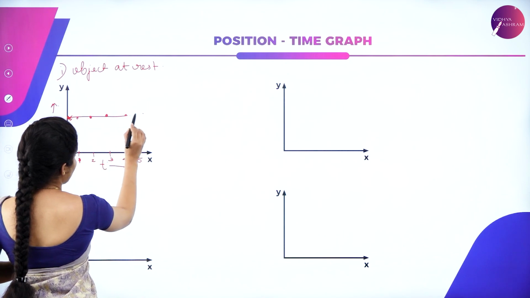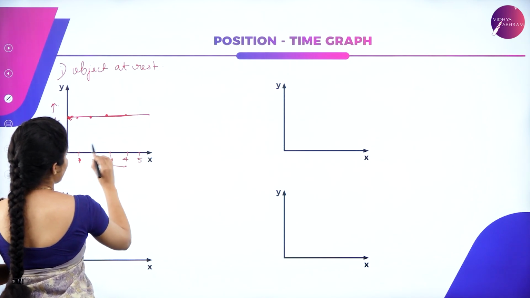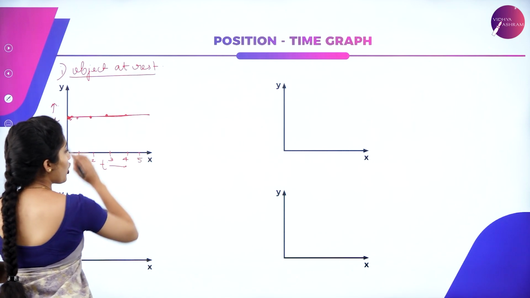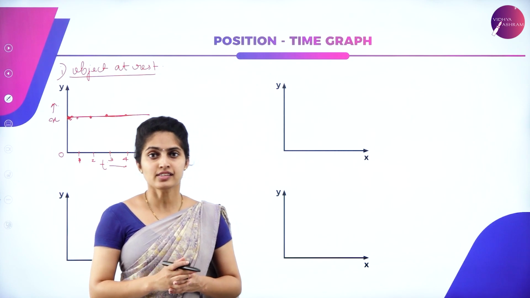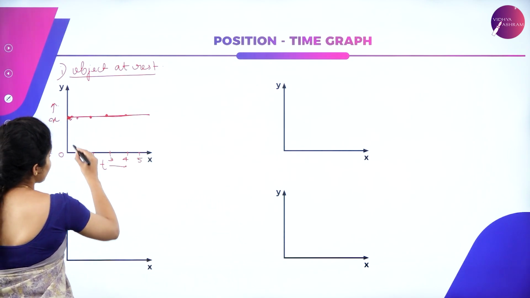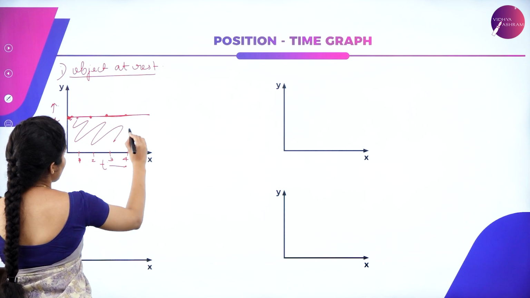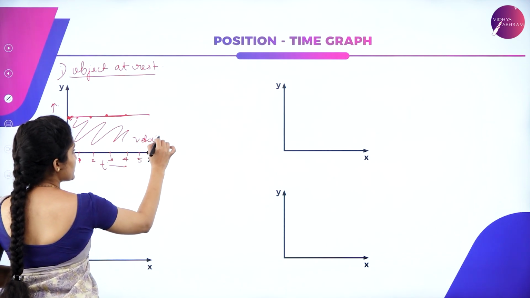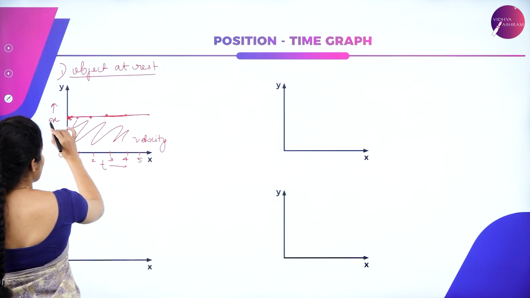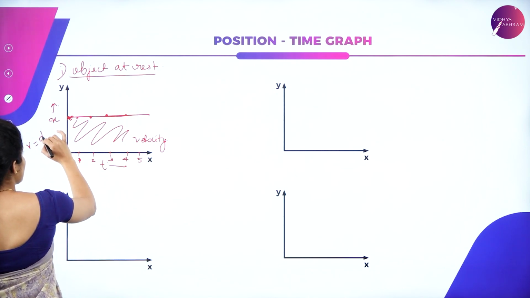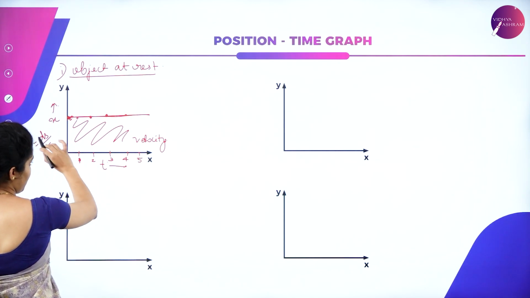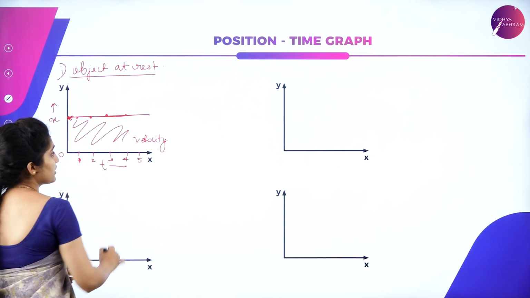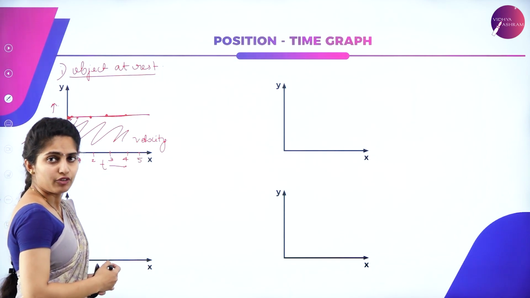So when you draw a line, you just get a straight line, which means that when the object is at rest, the position time graph obtained is a straight line. The slope of this graph gives you the velocity, because velocity is nothing but change in position with respect to time. That is why the slope of the position time graph is said to be velocity.